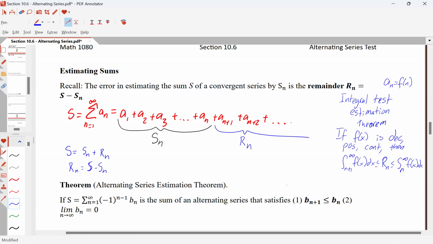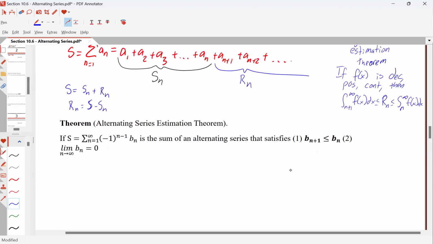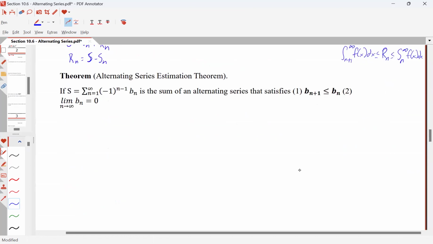So the alternating series test has an estimation theorem that says if S is the sum of an alternating series, where the sequence is decreasing and the limit of the sequence is 0, then we're going to have a property.